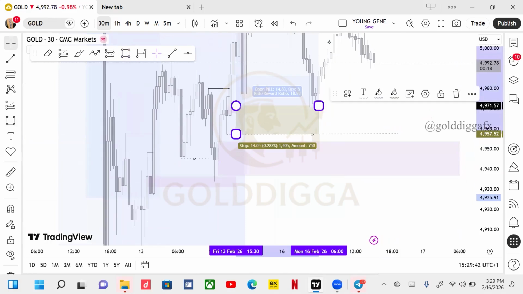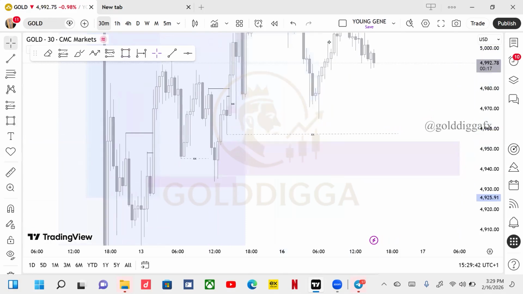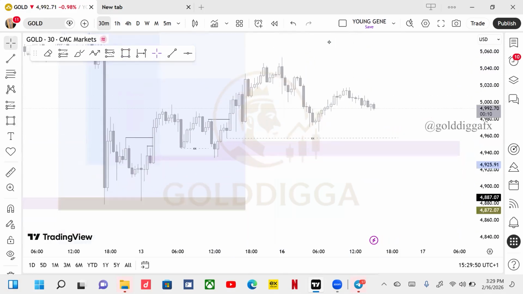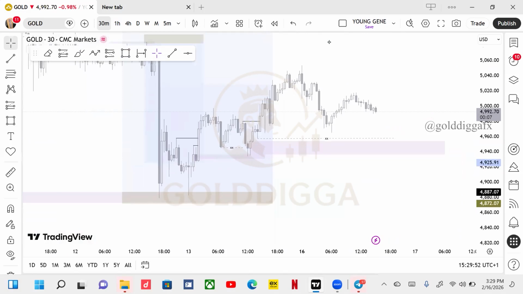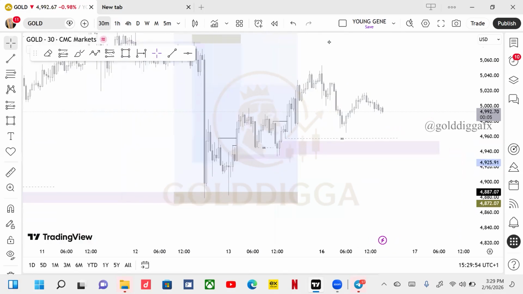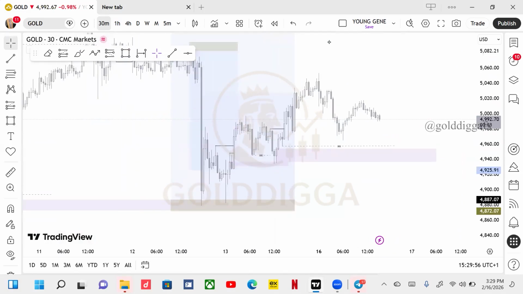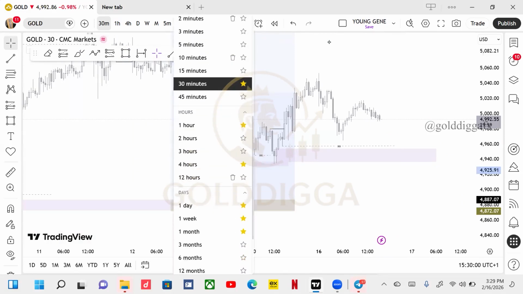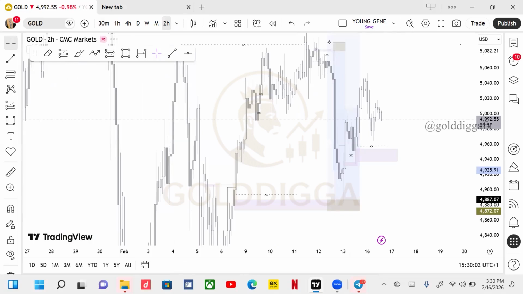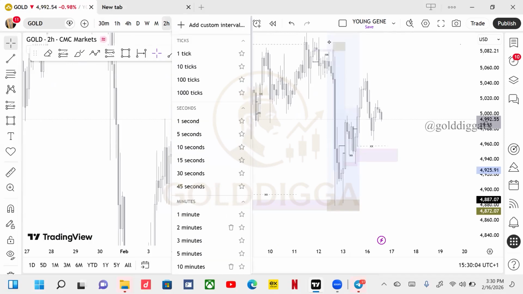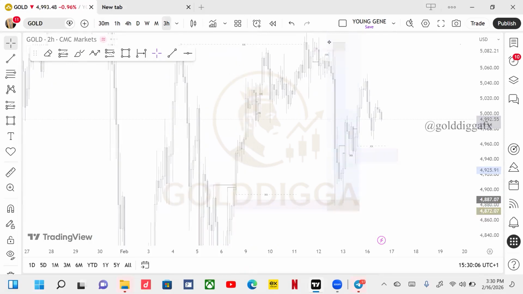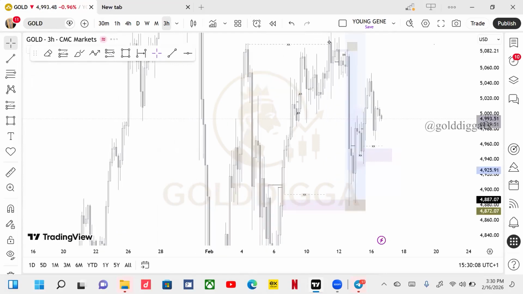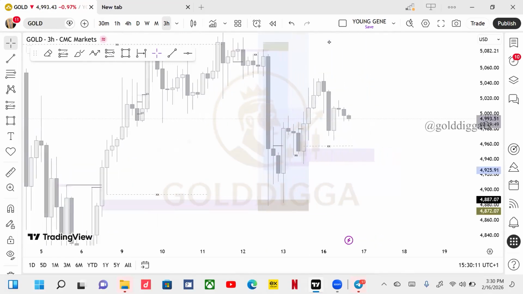This one will be a break of structure, so the break of structure entry will be from there. Probably just buy. Other things to do is MTF, check if there are other time frame areas around there too. So 3 hours, let's see.